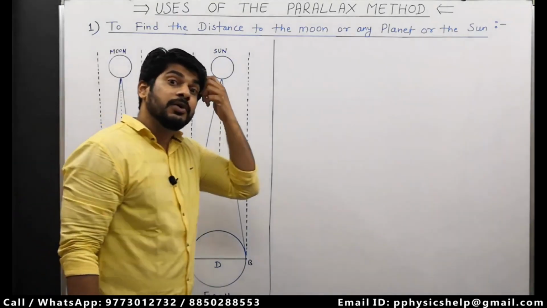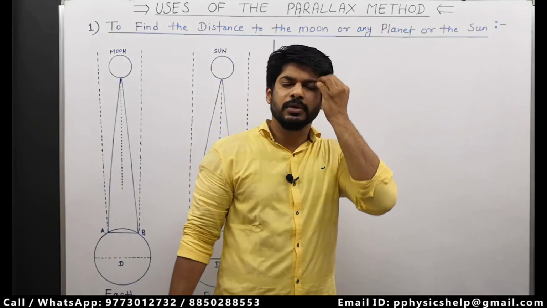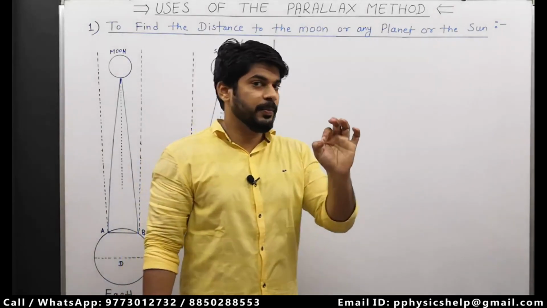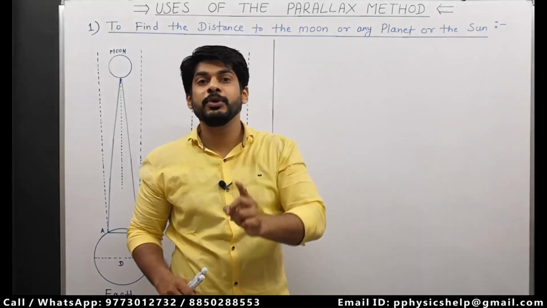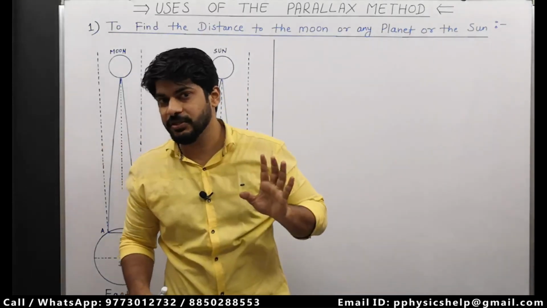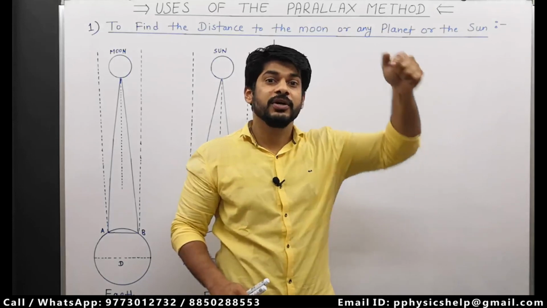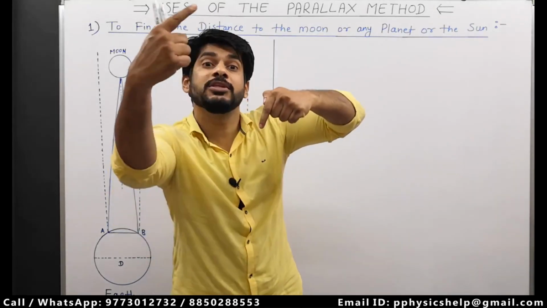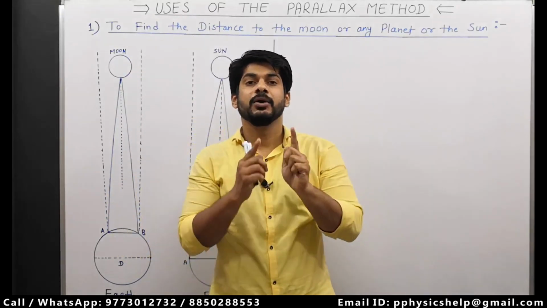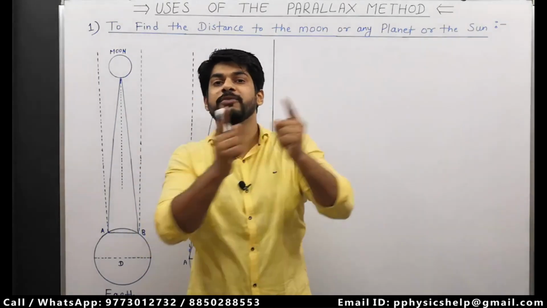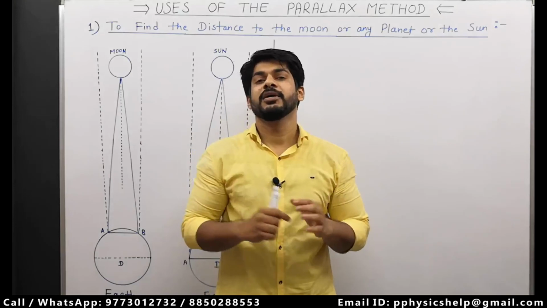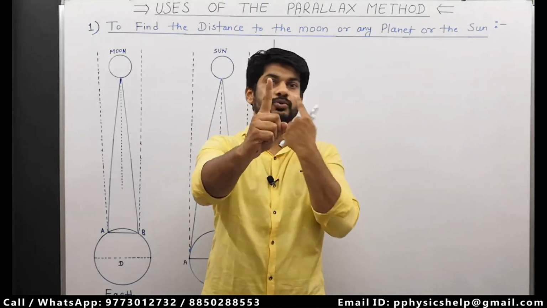First of all, we are using the parallax method, so I will give you a little bit of an idea about it. What is parallax? Parallax is a phenomenon of apparent change in position of a nearby object with respect to the background object when it is observed or viewed from 2 different locations. Just like we do with this finger and the 2 eyes.